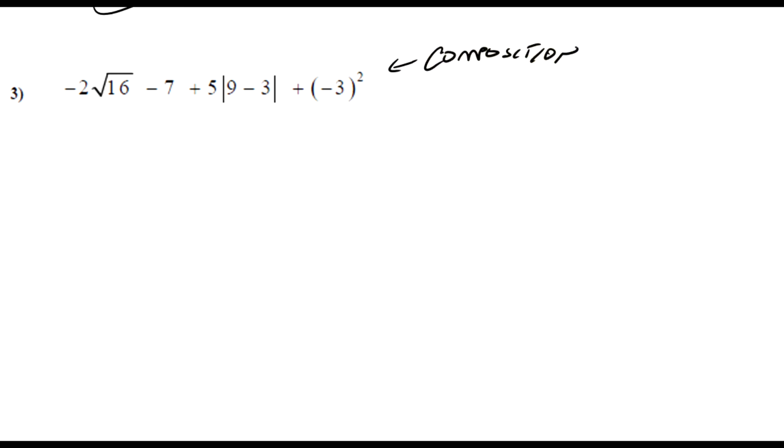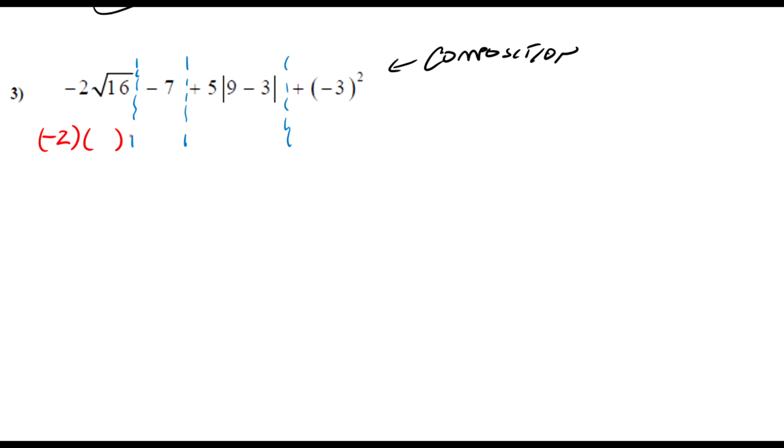Looking for the components. So again, in an expression, I'm looking for the separate terms first, plus or minus outside of grouping symbols. And again, we worked with this one already. The factors in each term, I have a -2 as a factor, and then the square root of 16.